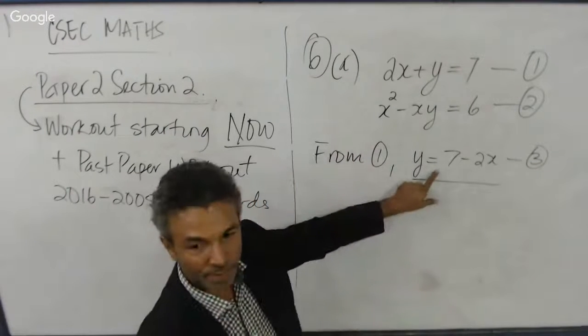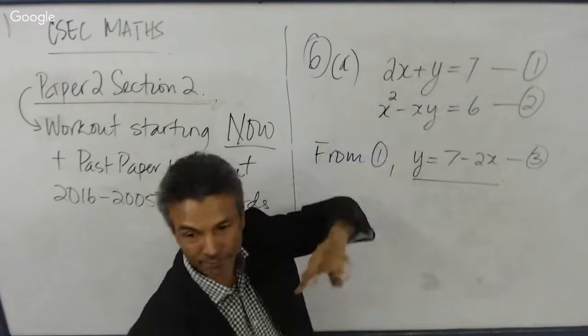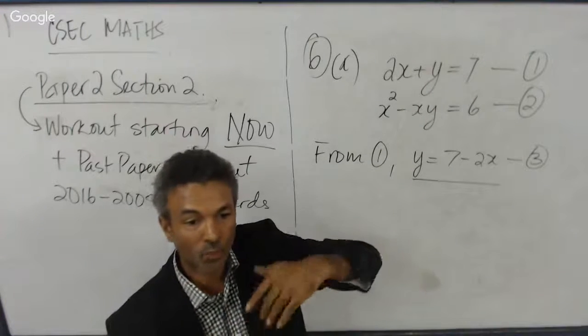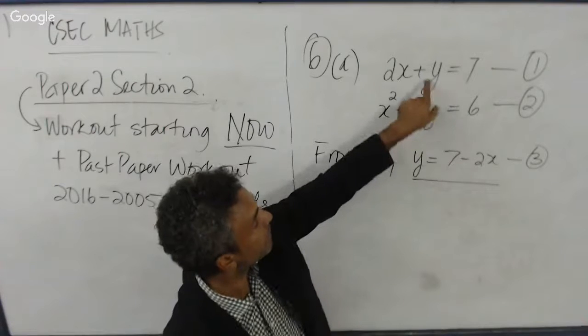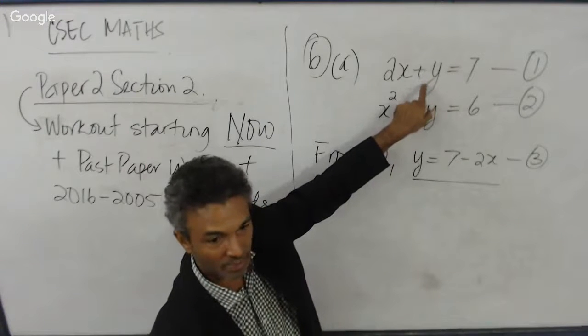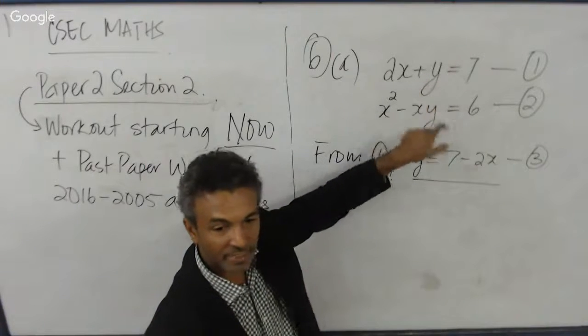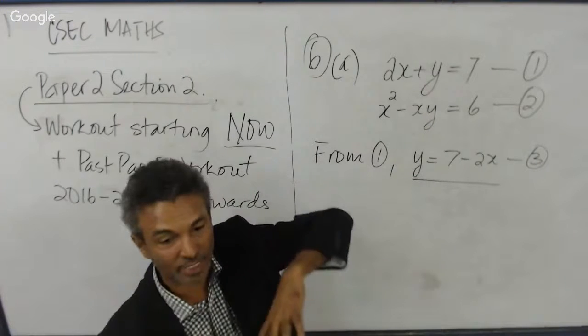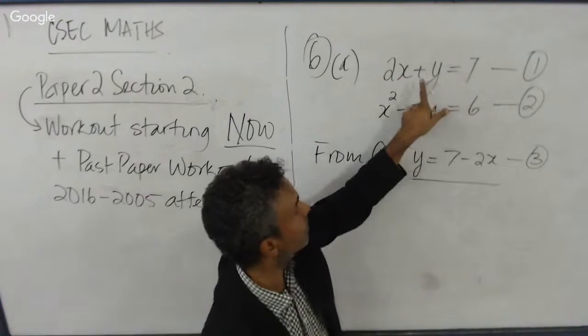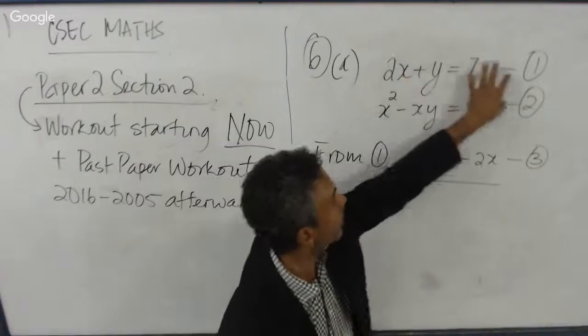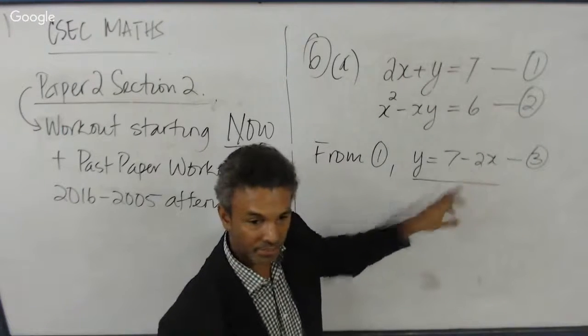Where did I get this from? I'm using one of the two equations to make one of the unknowns the subject. The easiest one to make the subject in this case is y. If you try x, you end up with some fractions that tend to get very complicated. So y is equal to 7 minus 2x, brought over the 2x. Why am I interested in this?